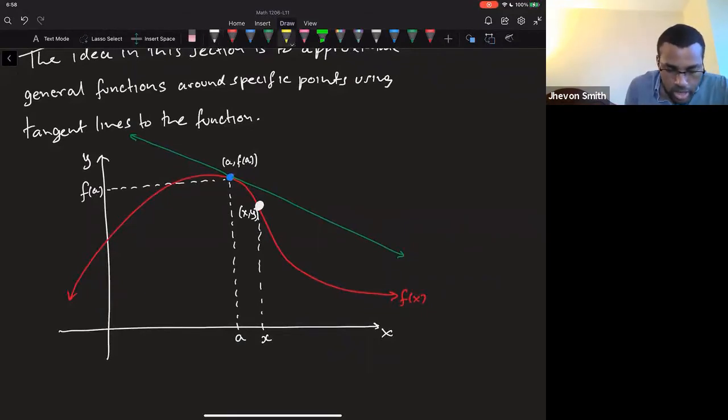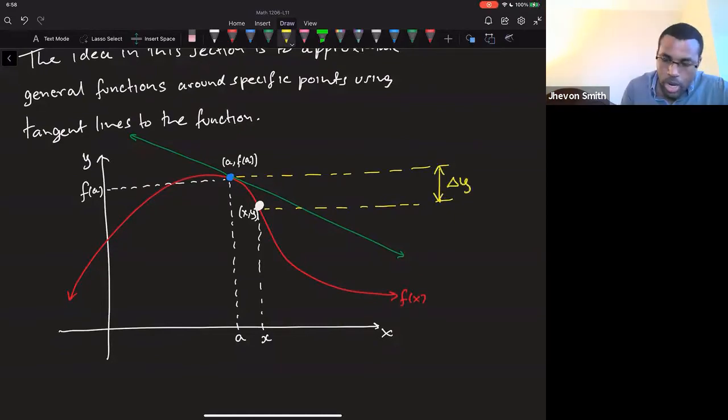Firstly, you can find the difference in the y values between that point and the original point. That's called your delta y, the change in y values, so higher y value minus lower y value. If I know this difference, I can tell you what the output is. If I know the output at the blue point, I can approximate the output at the white point if I know the difference between the y values. That kind of makes sense.